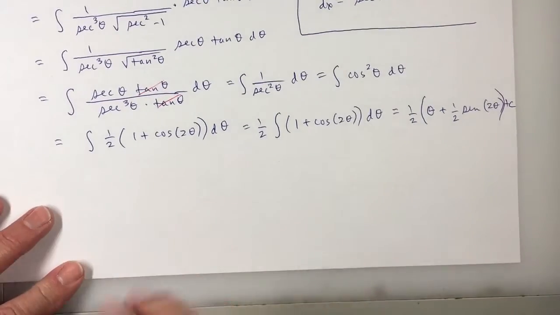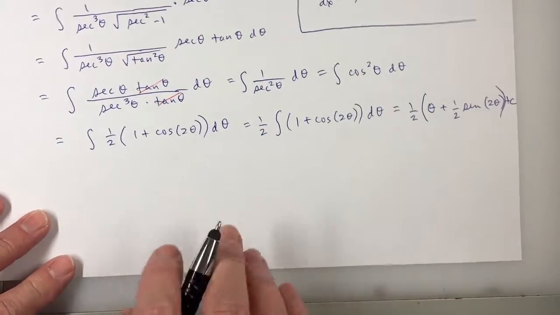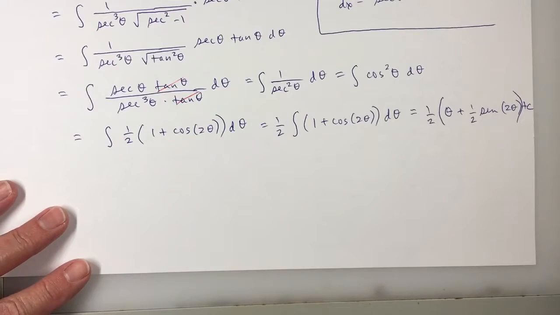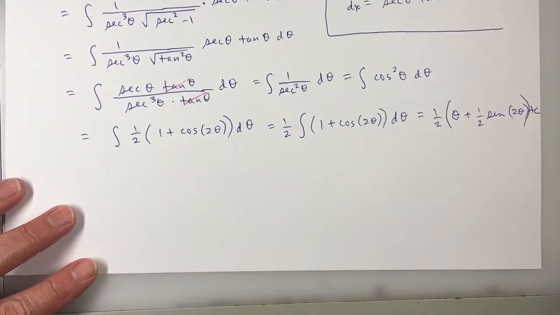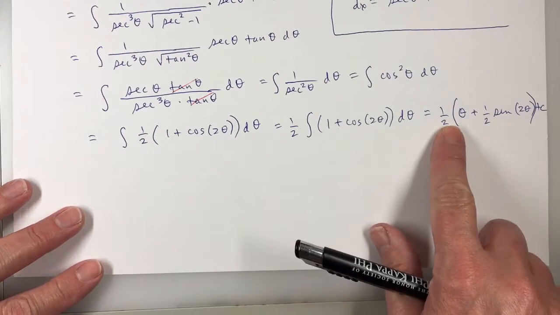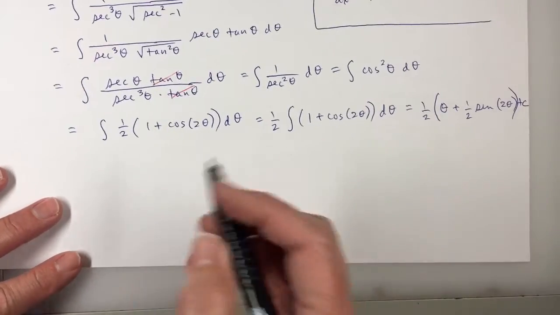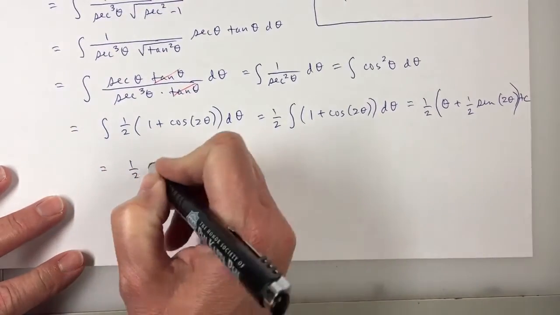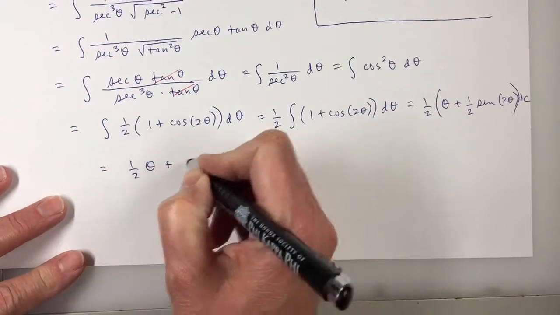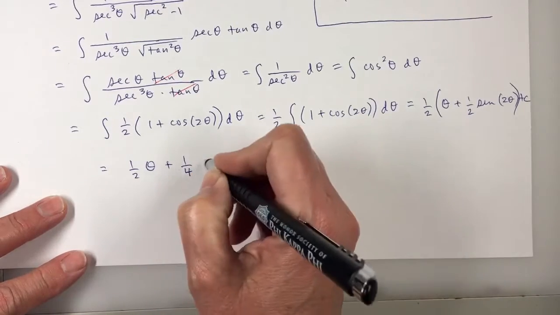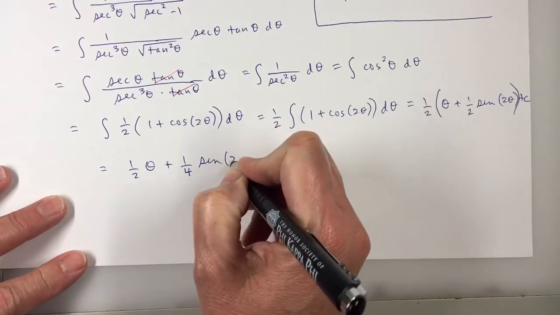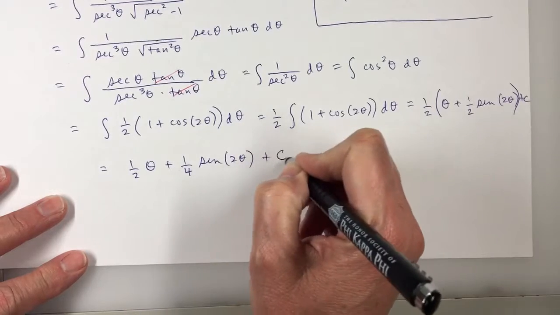And on this next line, I'm going to distribute the 1/2 that's on the outside here. So that'll be 1/2 theta plus 1/4 sine 2 theta plus c.